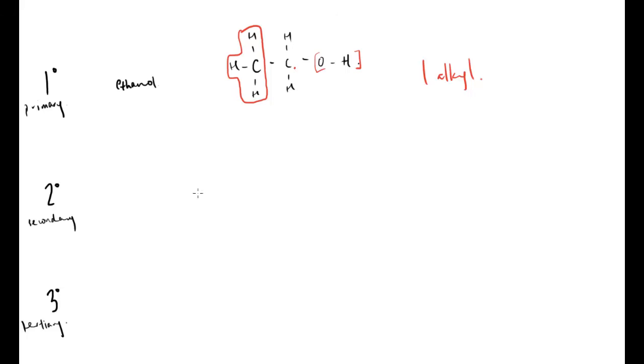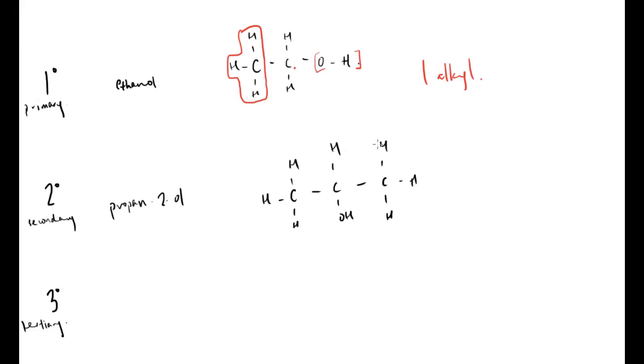This one here, we'll go for secondary. We'll go for propan-2-ol. Again, if you're struggling with this naming, you've got to get it sorted. Get back, look at the video. If you know it already, brilliant. If you don't, sort it out, and you've just got to be able to name stuff. Otherwise, it's going to come back and bite you.